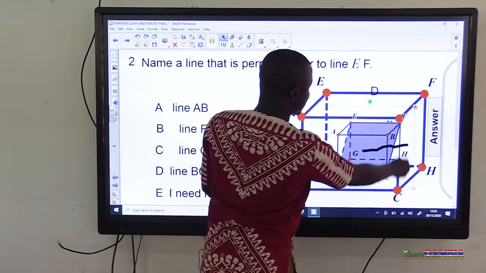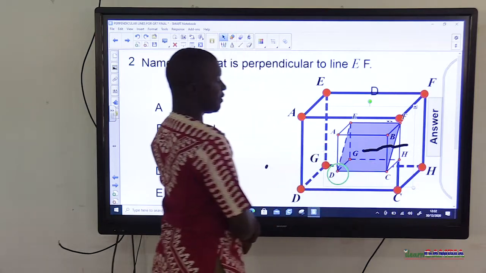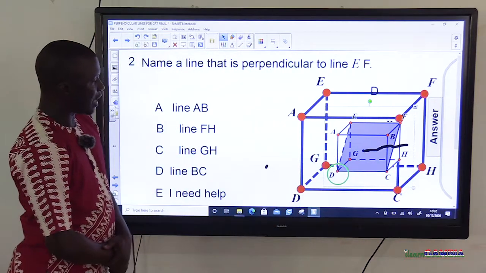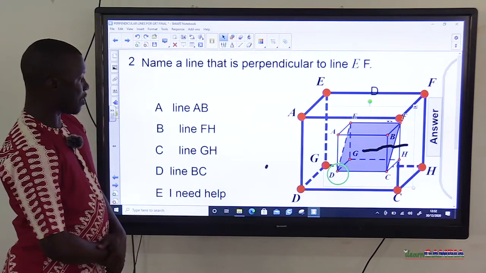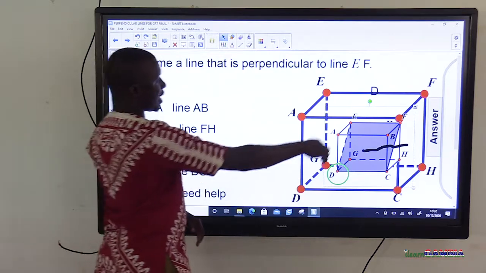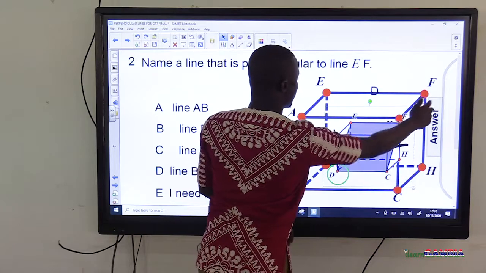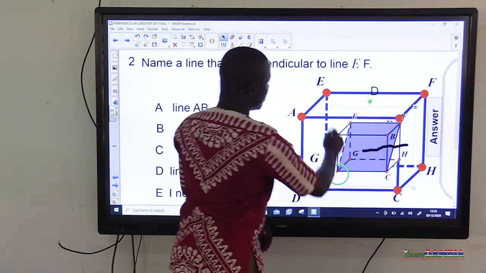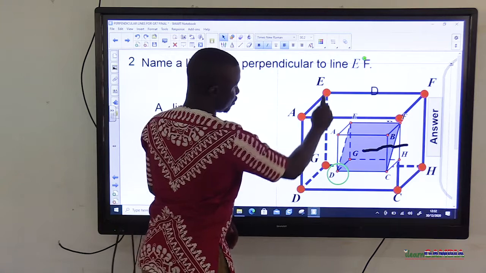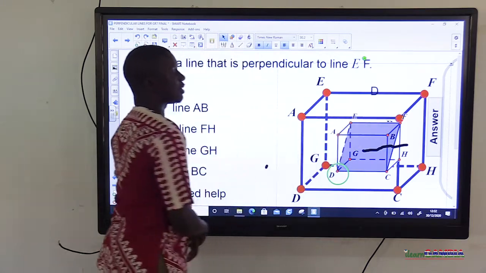Line BC doesn't have any indication that they are perpendicular because they did not touch each other. The ones that are perpendicular are line EF, because they have a point of intersection, and line EG is also perpendicular to line EF.